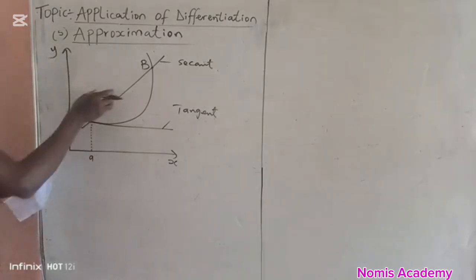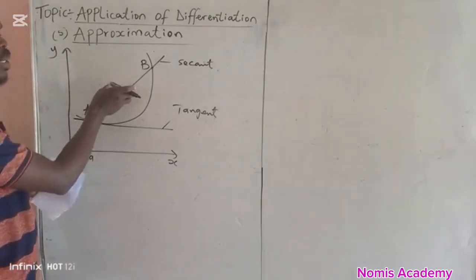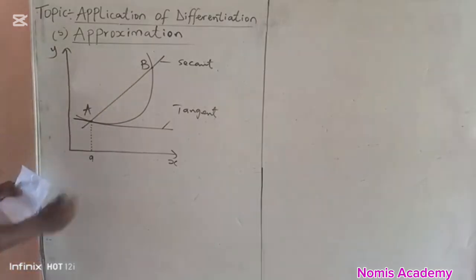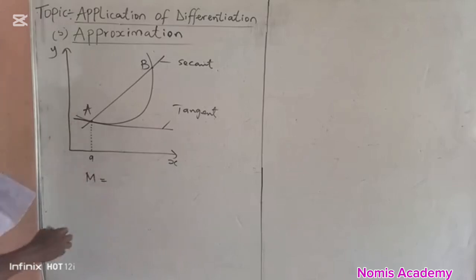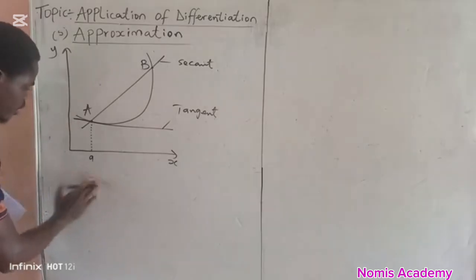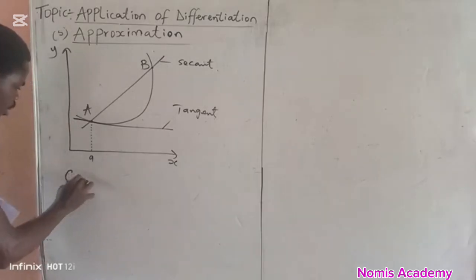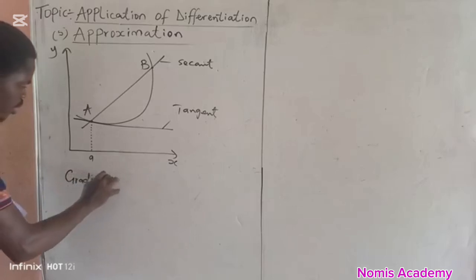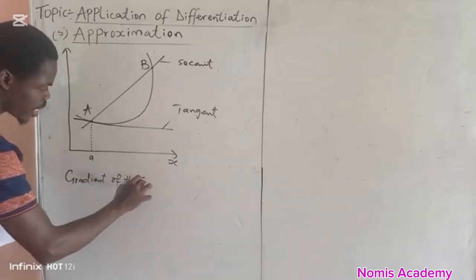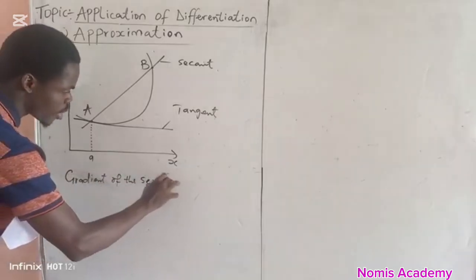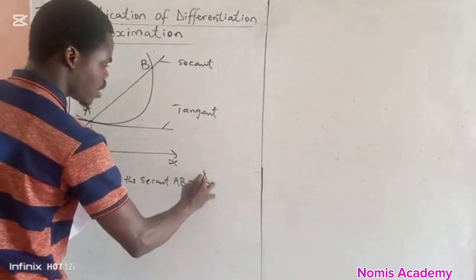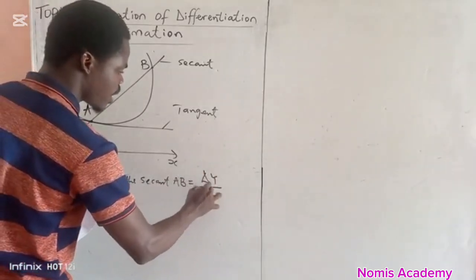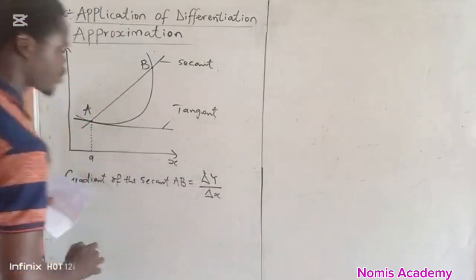All right. Now, the gradient of the secant is taken as, we use m to denote gradient. Gradient of the secant AB is equal to delta y over delta x.